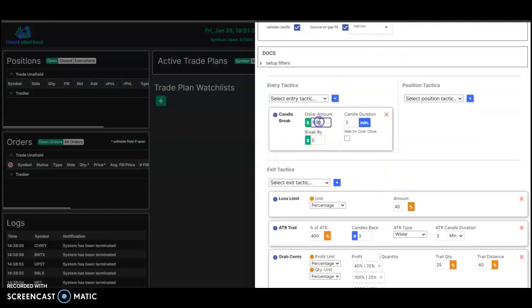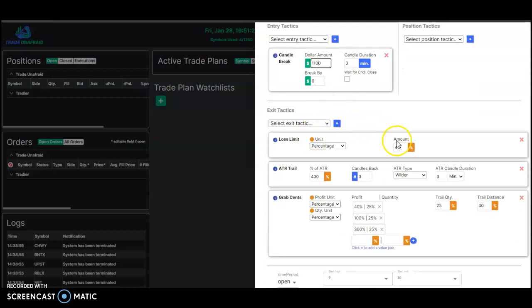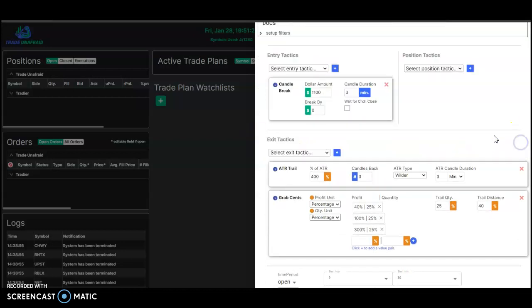This is my position size. This is my ATR trail. And this is one of the tactics to capture profits.